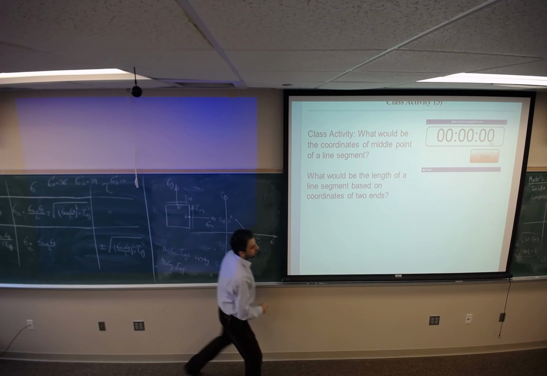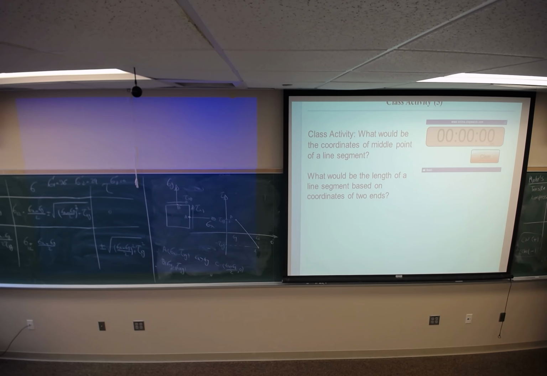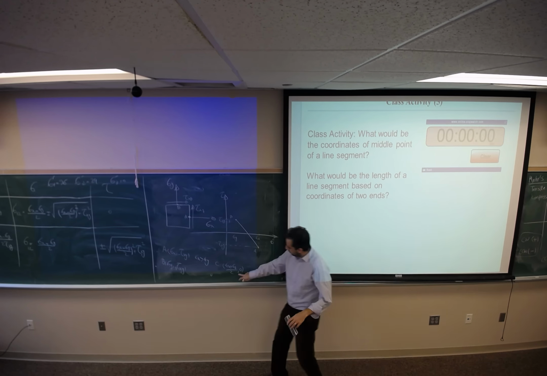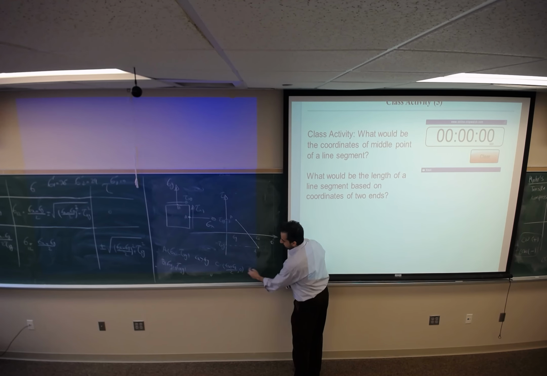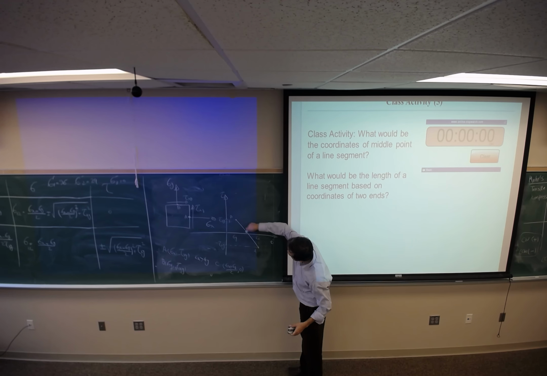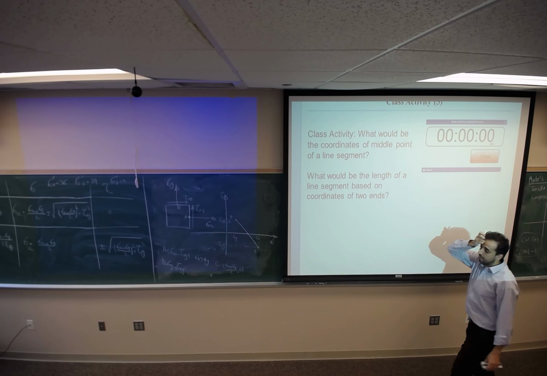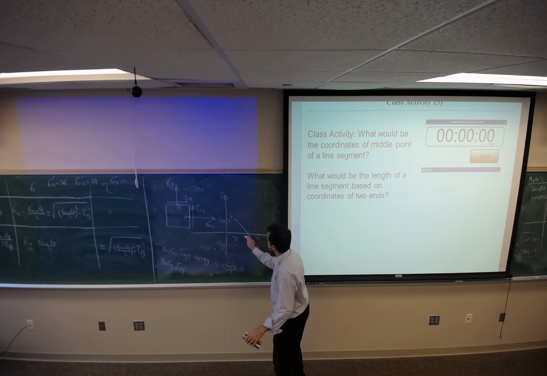Just finding the coordinates of the middle point. The average of x and average of y. Shear stress is going to be 0. In this line, which point is going to be the center, or the middle point? It's right here.